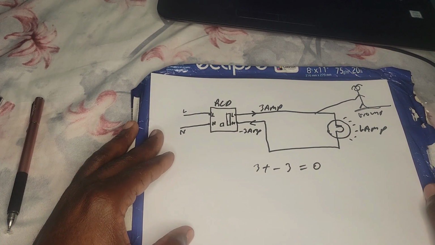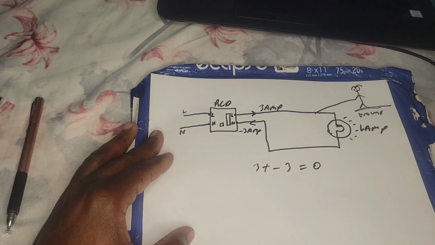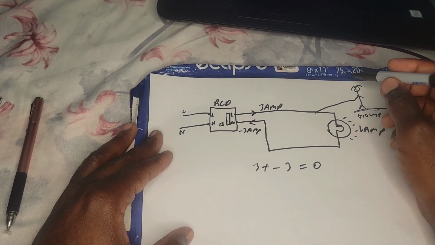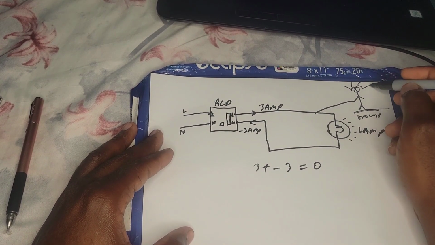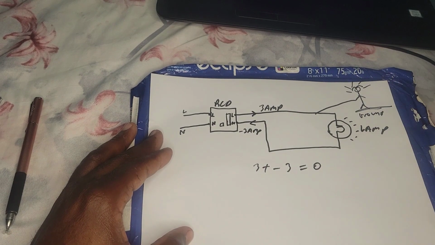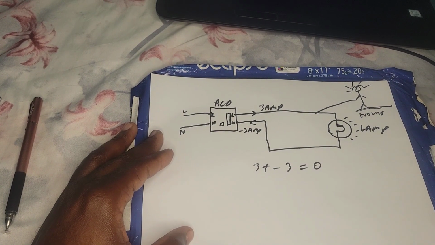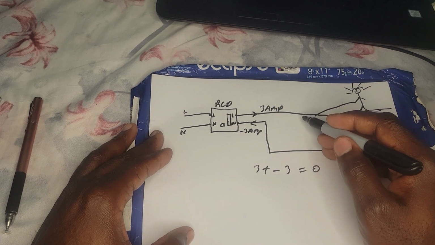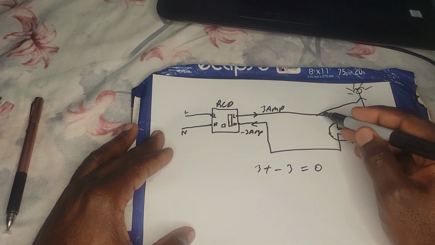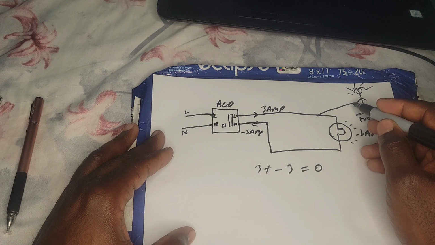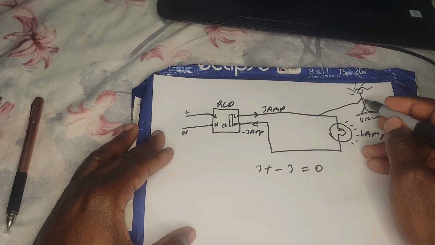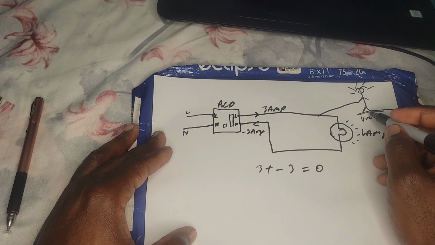So the live wire is exposed and he touches it. Let's give him some excitement now. He touches it. This is his hair spanning out. Some amount of current will flow from this live wire through his body, through to ground.